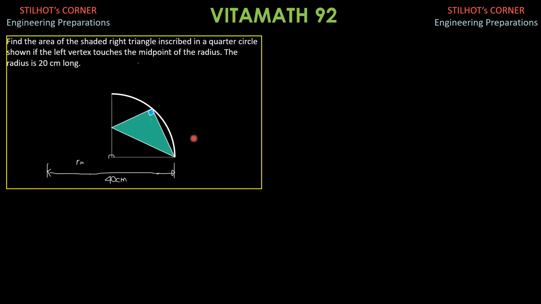So take note that at this point on the periphery of the quarter circle, the angle is 90 degrees, and by principle, chords drawn to the ends of the diameter of a circle are perpendicular to each other.